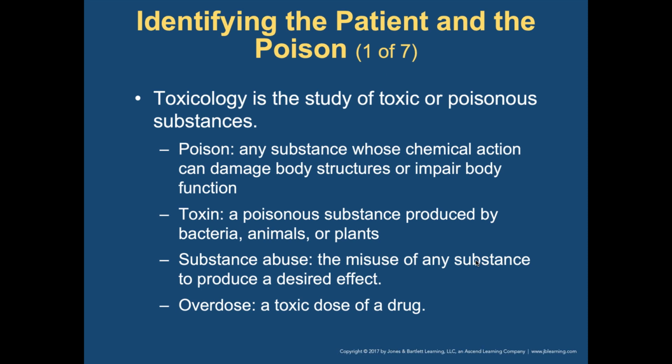Toxins can have acute or chronic effects, meaning it can happen quickly upon exposure, or take a while as a chronic exposure over time. Substance abuse and the misuse of any substance can produce the desired effect.